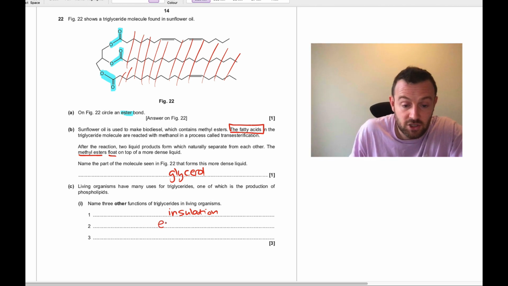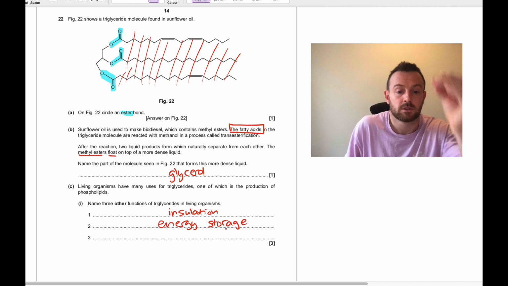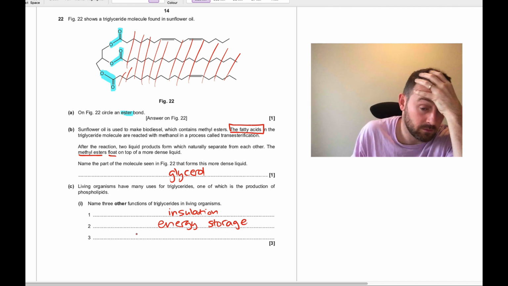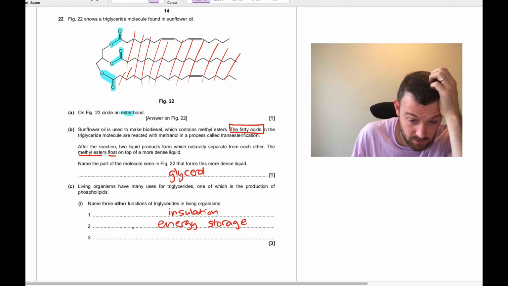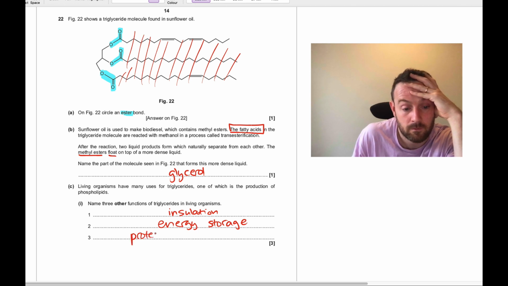Another one is energy storage. And another one could be, let's think, oh, okay, protection of organs. A lot of organs have a fatty layer around.